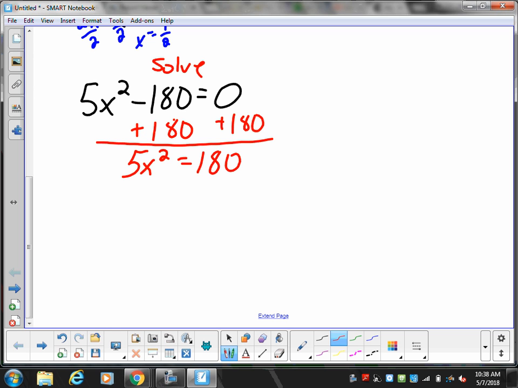And so 5x squared equals 180. What would the next step be? Divide by what? Trying to get that x squared by itself, divide both sides by 5.